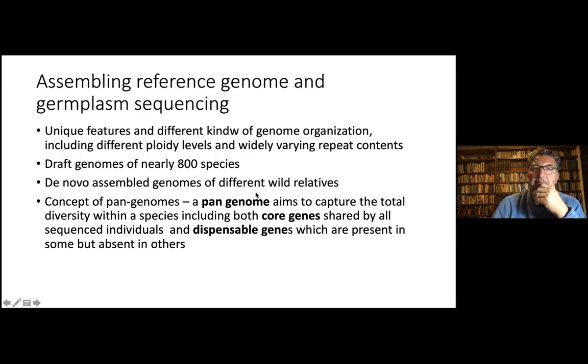sequencing Nipponbare rice doesn't solve all the problems of rice breeding. Of course, it helped a lot to improve and find genes, but it will not solve all the problems of rice breeding.